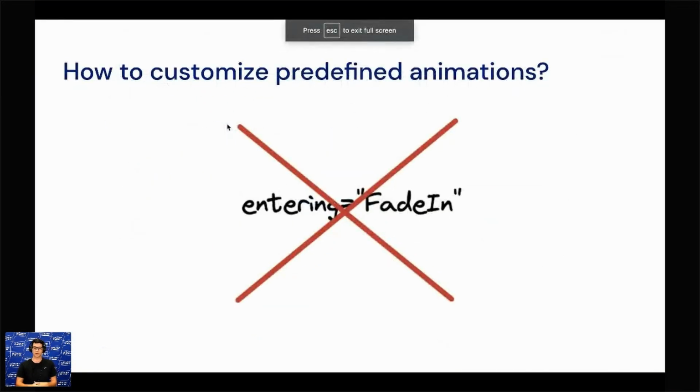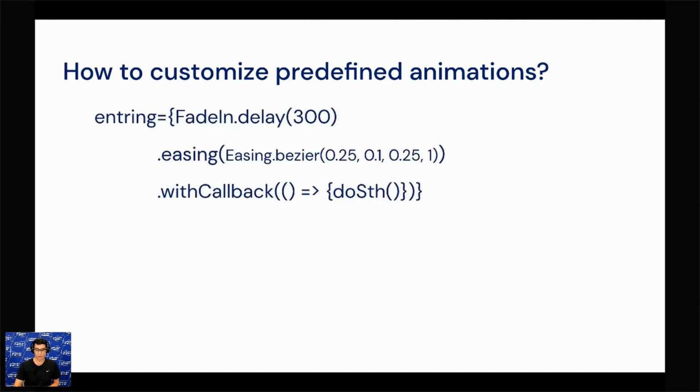Yeah, so we already know what predefined animations are exposed by the library, and let's talk about how we can customize them. So like I said, we are not just exposing raw strings, but rather we are exposing the whole animation builders. And here's what we can do, because they are not just raw strings. For example, when we want to customize our fade-in animation, here in the example, we can set a delay for that animation.